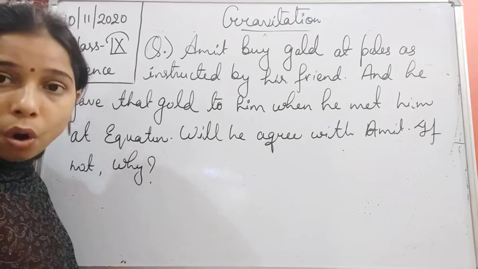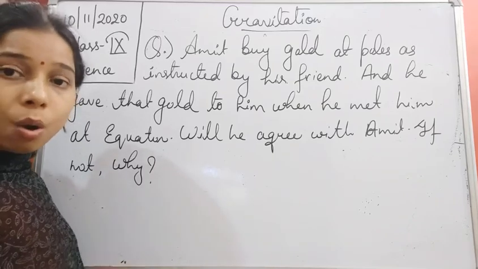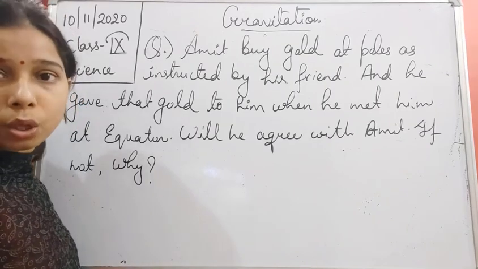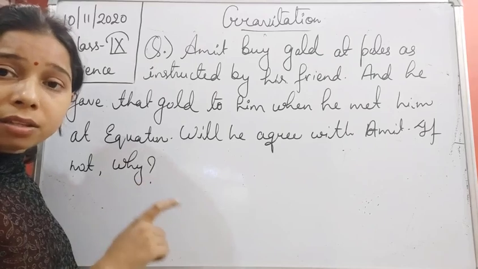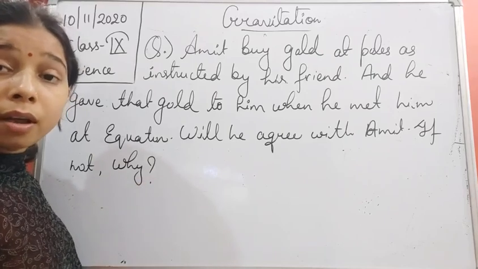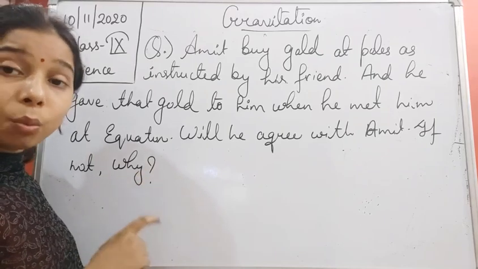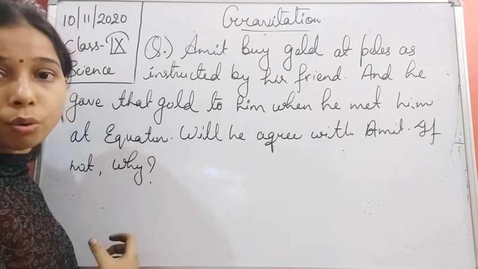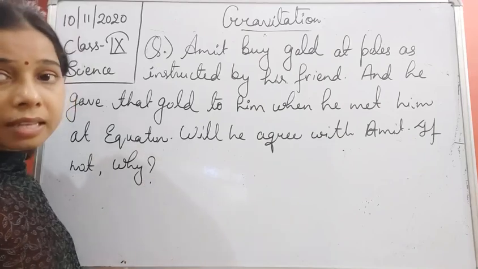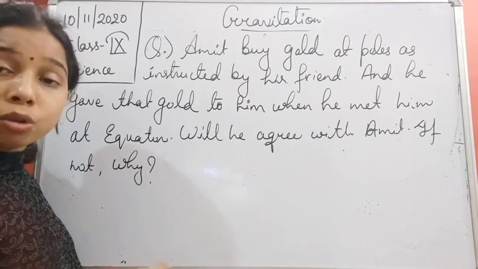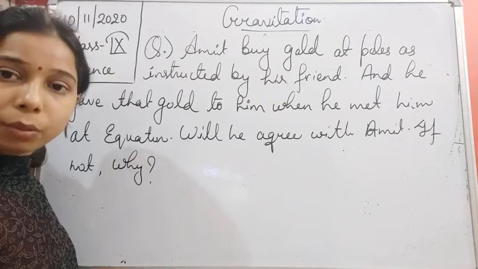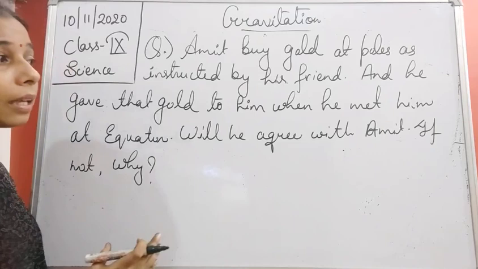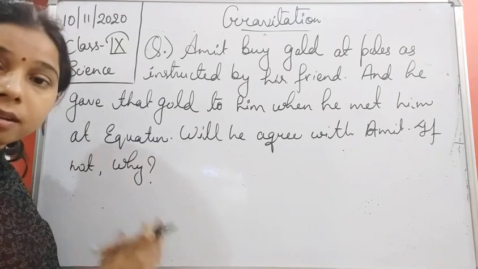So absolutely not, because the weight of the gold at pole is higher than that of the equator. So when he has taken that particular amount of gold from the pole, at that time the weight of the gold was higher, and when he hands over the same amount of gold to his friend, since at the equator the weight is less, the weight of the amount of gold will be less, so he will not agree, he will say that the amount of the gold is lesser.